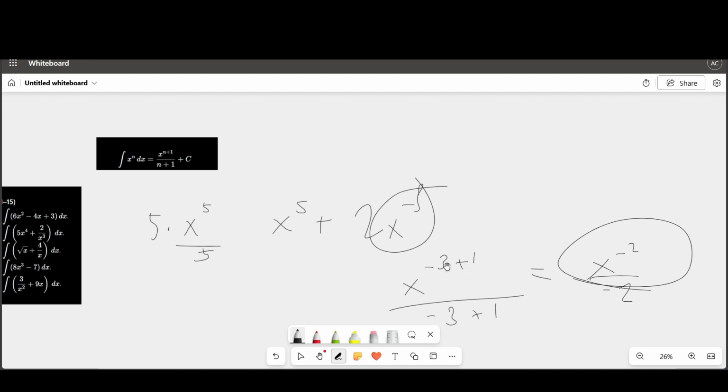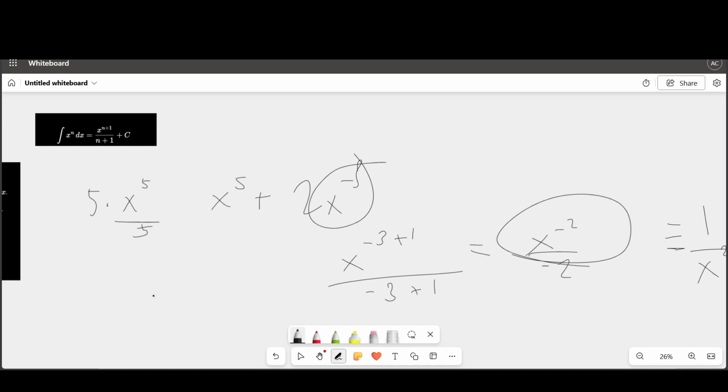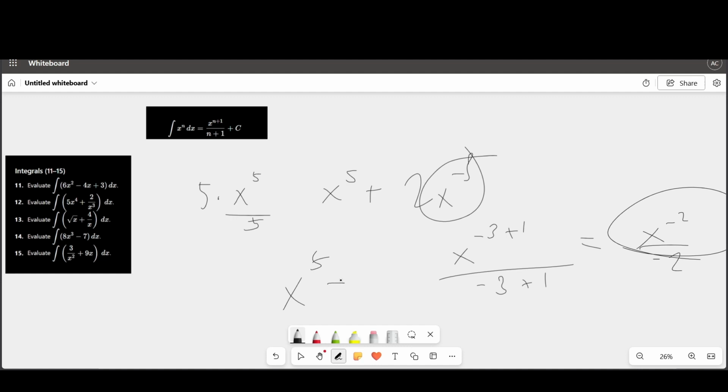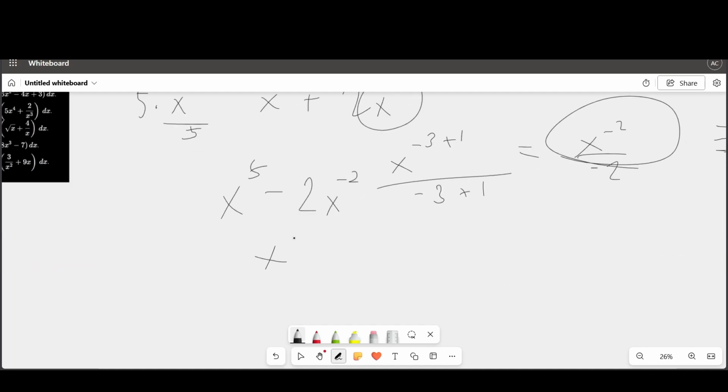So we have x^5 minus 2x^-2, or x^5 minus 1 over x squared. So that's probably the final answer.